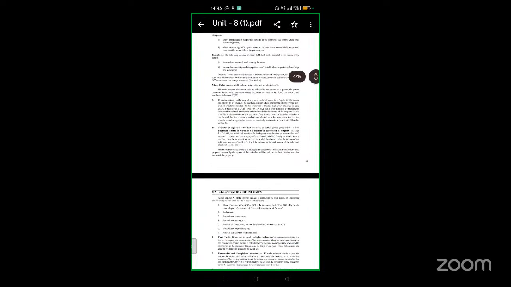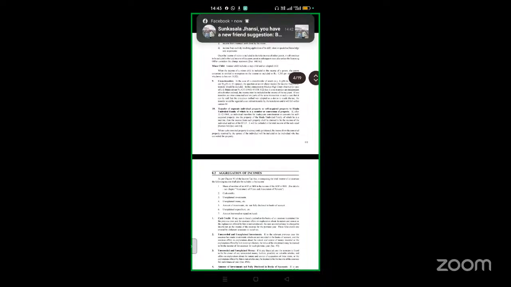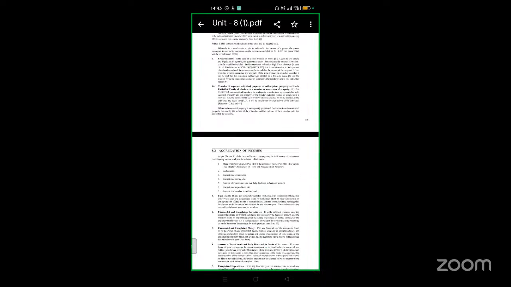Next, we have aggregation of incomes. So here we aggregate cash credits, unexplained investments, unexplained money, amount of investments, unexplained expenditure, amount borrowed or repaid on hundi.